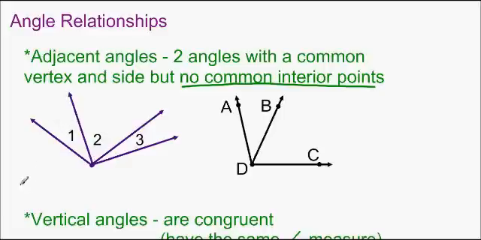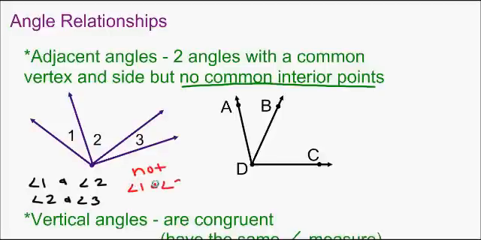They share this side, so angle 1 and angle 2, but they don't overlap, okay? Angle 2 and angle 3 are also adjacent angles. 1 and 3, so angle 1 and 3, are not adjacent because you see they share a vertex, but they don't share a common side.